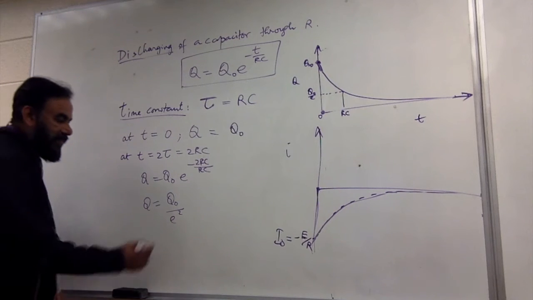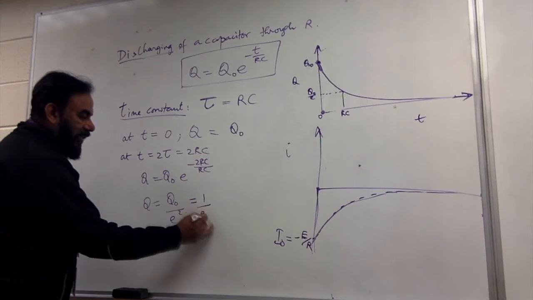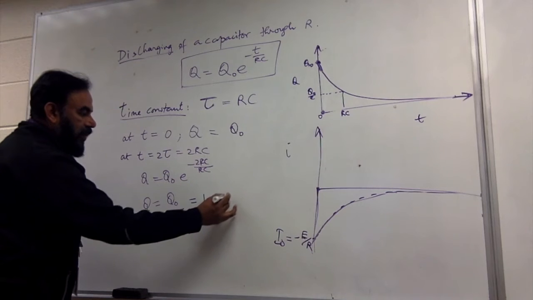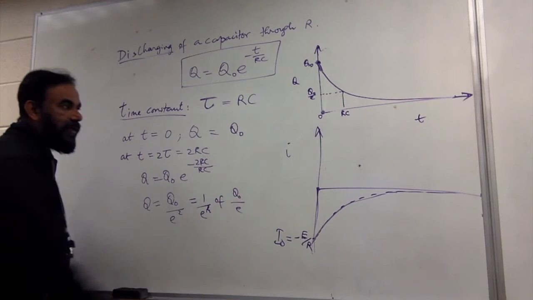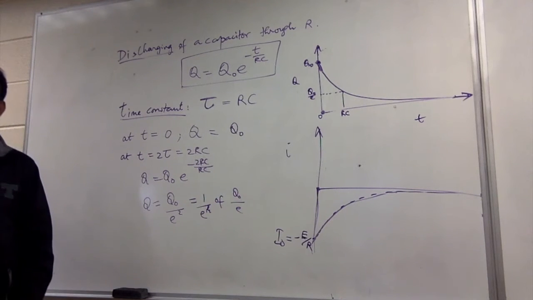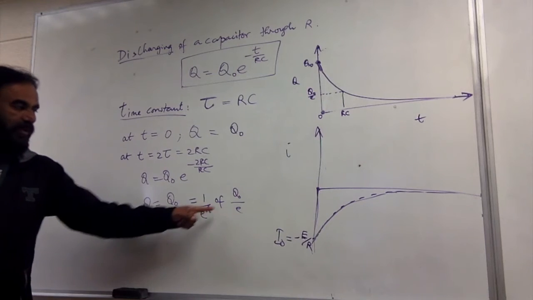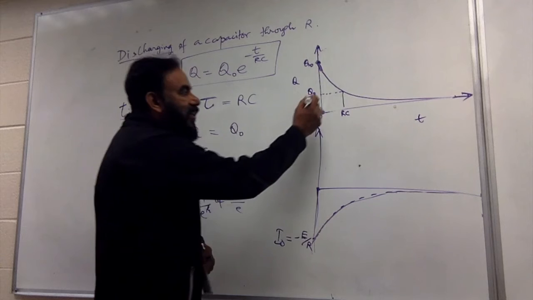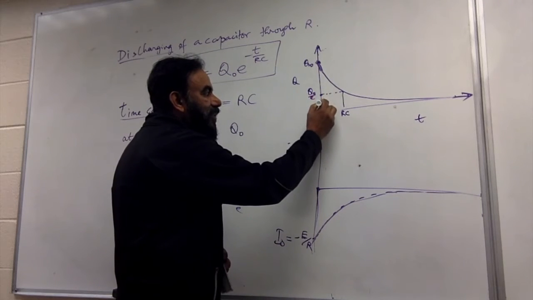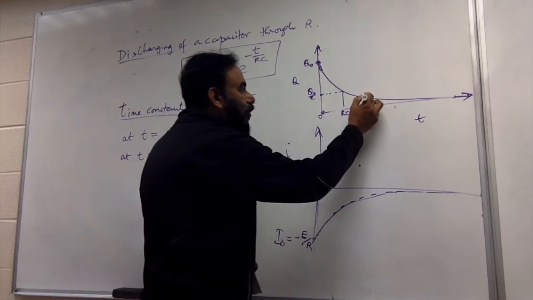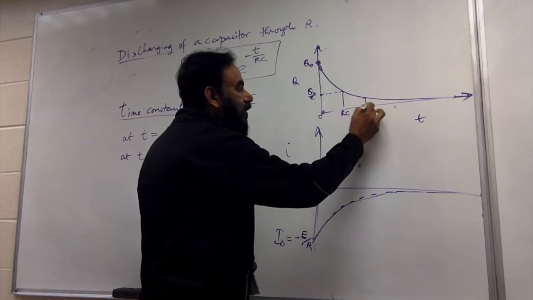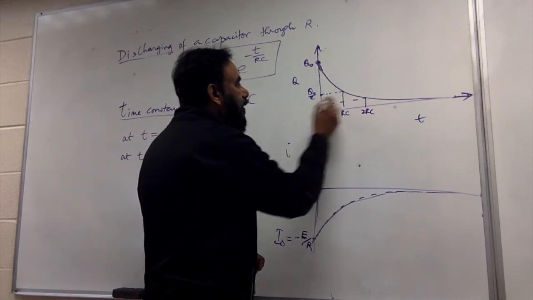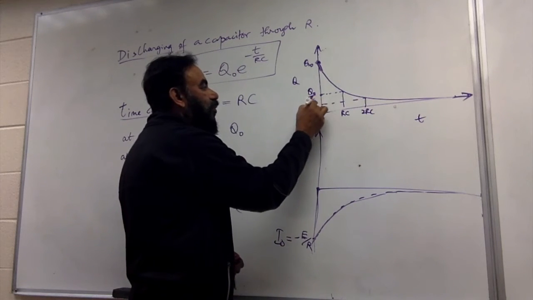And this is basically 1/e of Q naught over e. So 37% of that is going to be the new one. So this number here is Q naught over e squared.